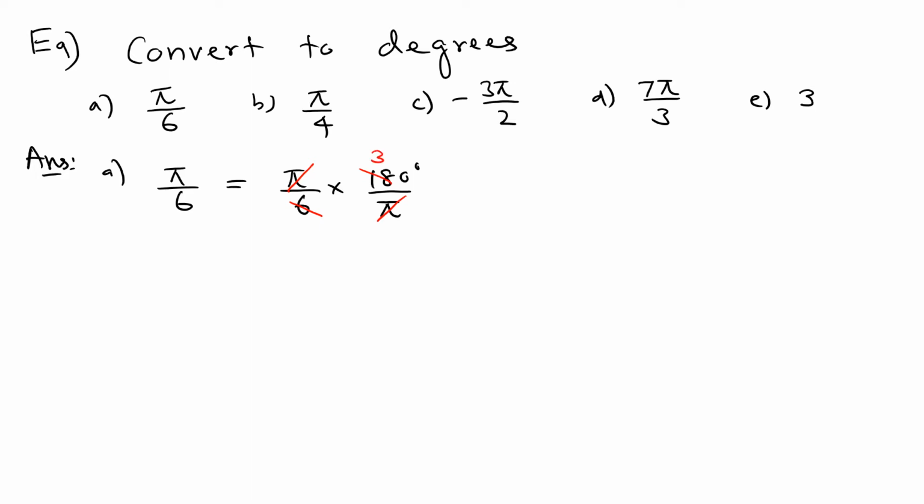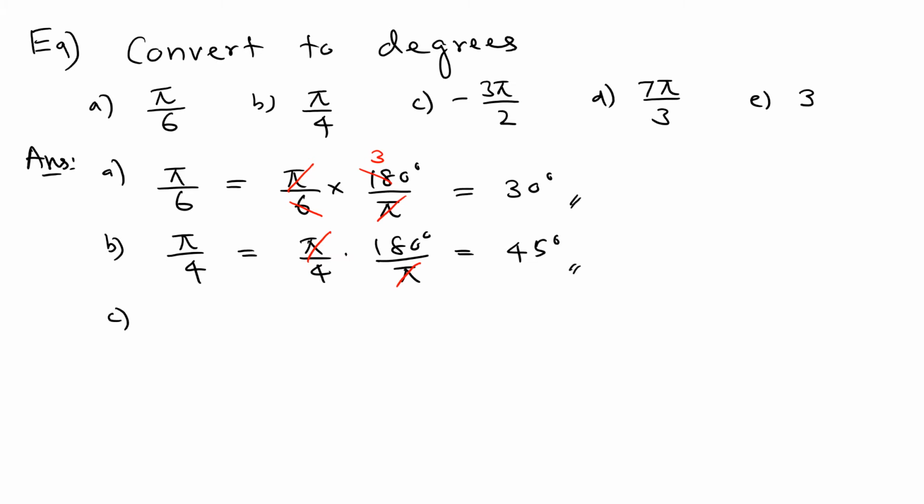So that means you get 30. So this is 30 degrees. Part B, pi over 4. So again, pi over 4, 1 radian equals 180 over pi degrees. And again, it simplifies. So you can see there are 4 of them. So it is 45 degrees.